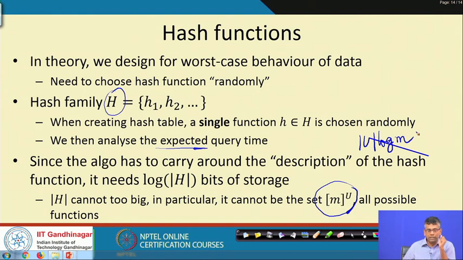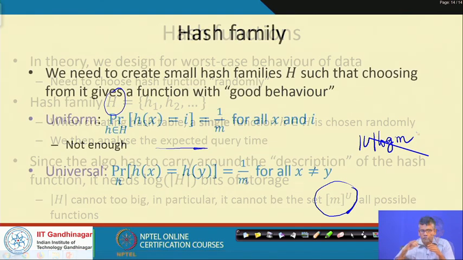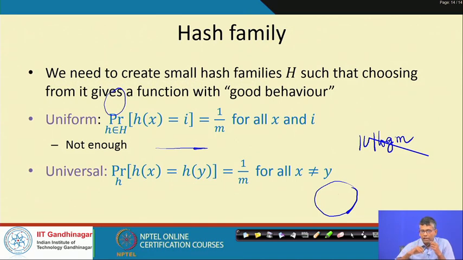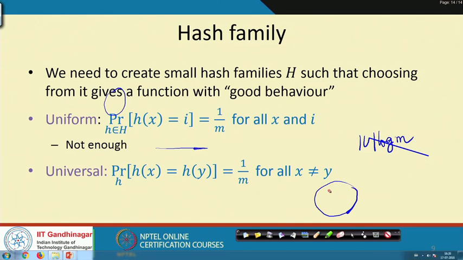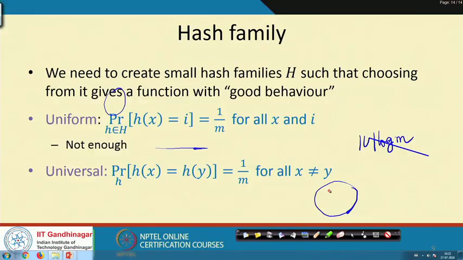So what we will try to do is create hash families that are small in size, and we will make this precise in a little more detail. What we need are small hash families such that choosing a function from one gives me a function with good behavior. What is the definition of good behavior? The simplest notion is one that is uniform.